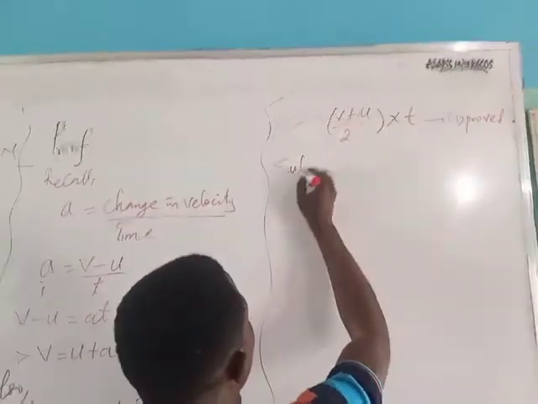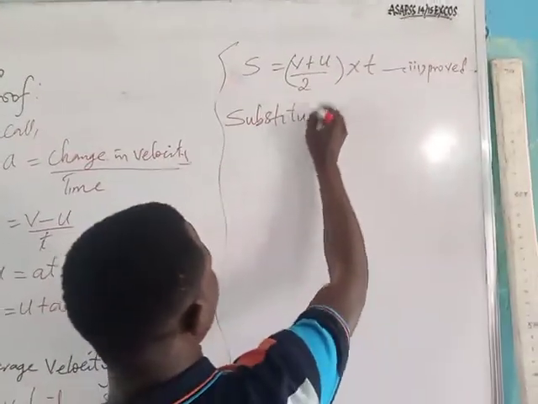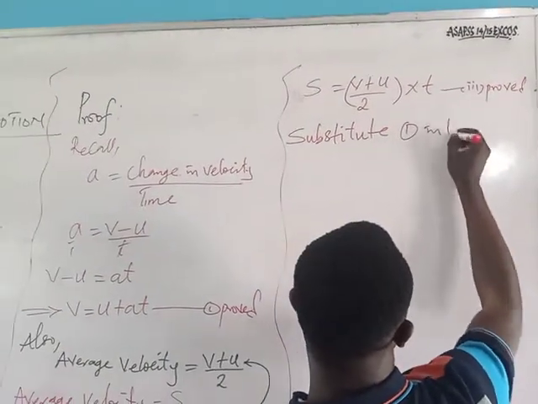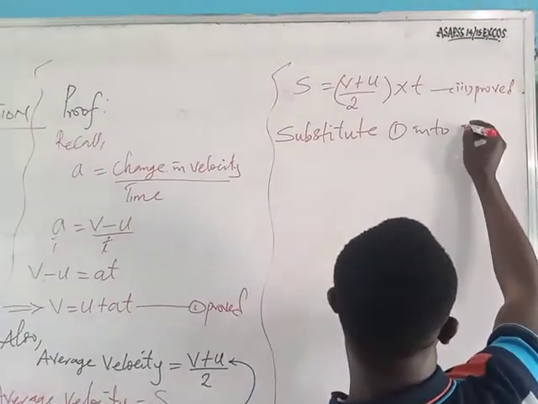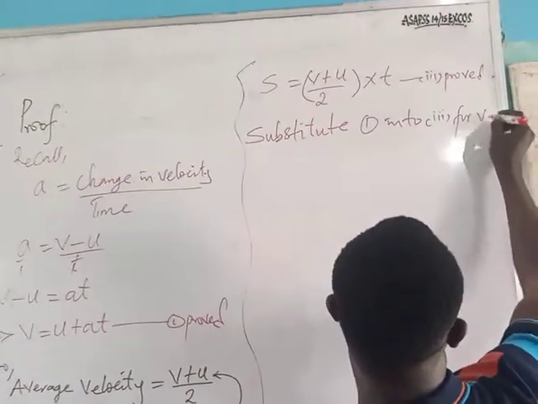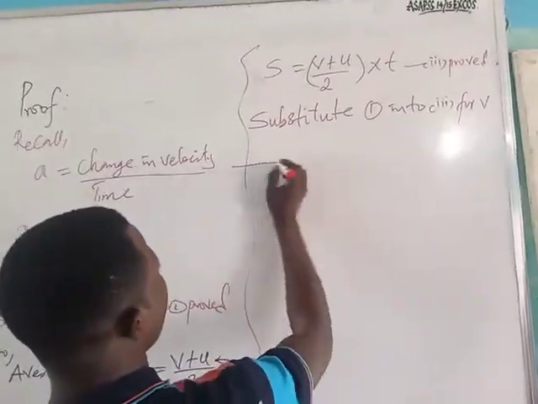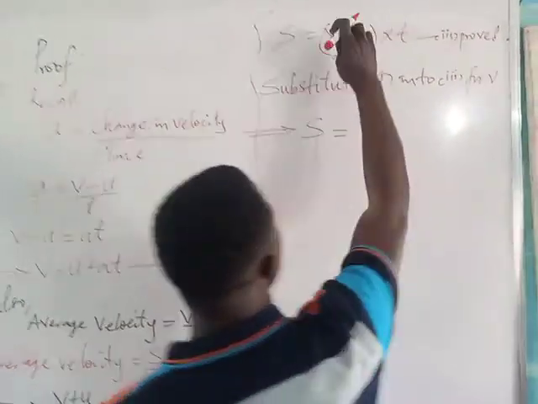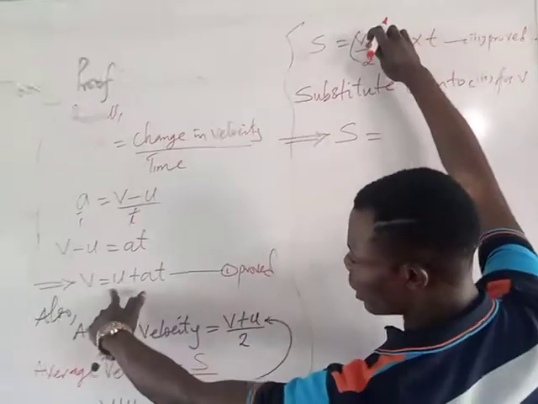Substitute equation 1 into equation 3 for V. Then we are going to have X equal to our V from equation 1, which is this.